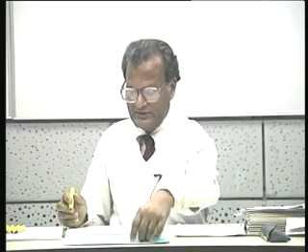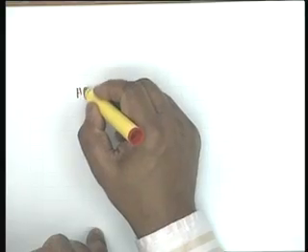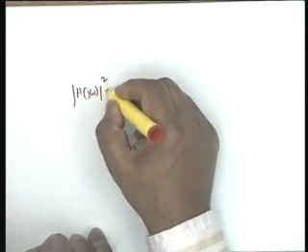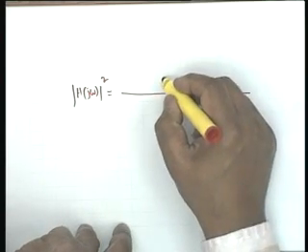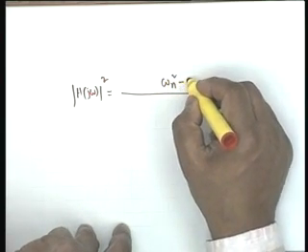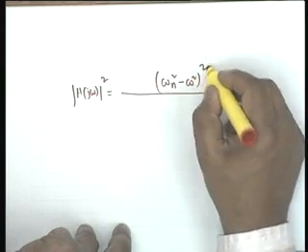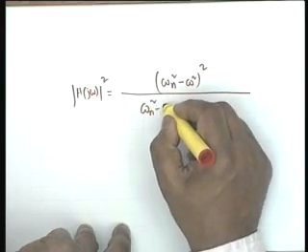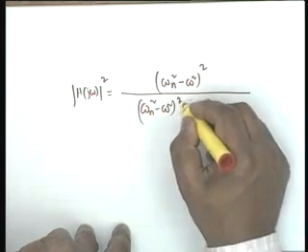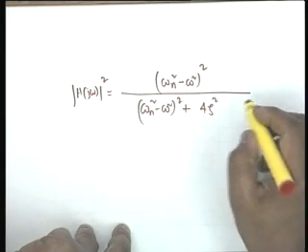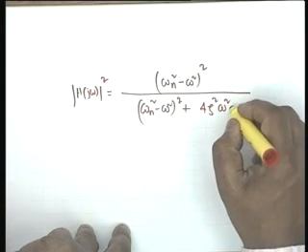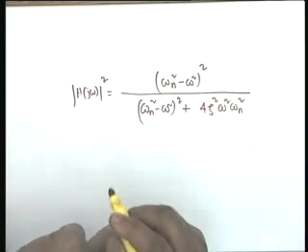we look at the magnitude again. If you recall, the magnitude of H of j omega squared, I am taking this square so that I don't have to work with square roots, is (omega n squared minus omega squared) whole squared divided by (omega n squared minus omega squared) whole squared plus 4 zeta squared omega squared omega n squared.